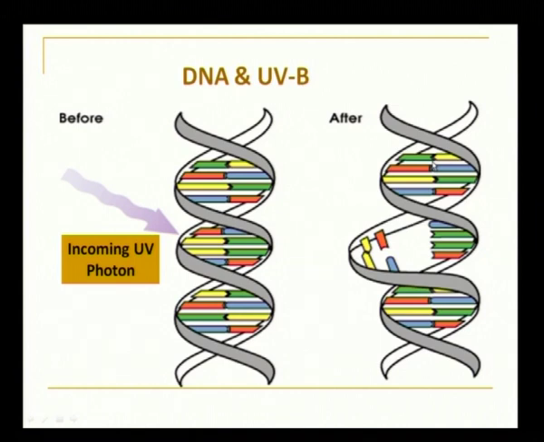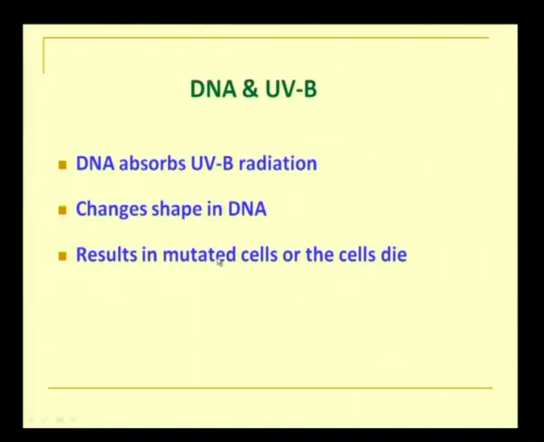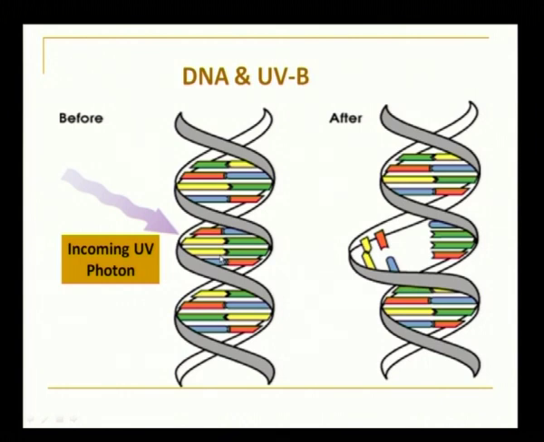They are called the mutated cells, and therefore gene mutation will happen, and they are causing congenital problems. That means the children who are born have problems from birth onwards. So, it is another effect of the ultraviolet radiation.